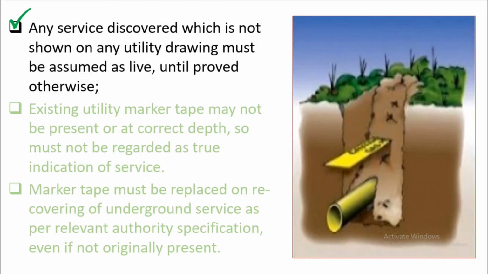Don't make a guess. It might be dead now because of a power shutdown or water supply shutdown, but after some time the utility companies will switch that location back on so that it becomes energized.